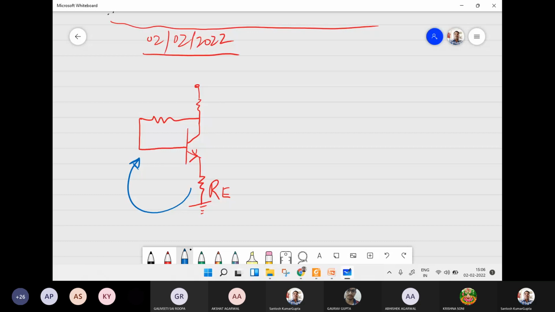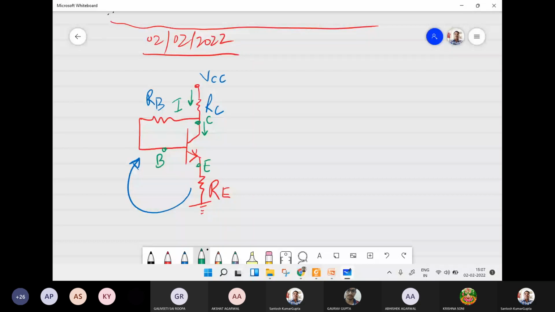So say this is RC, RB, and VCC applied here. In this configuration, we can see what currents are flowing. Let us say this is the collector, base, and emitter of this transistor.